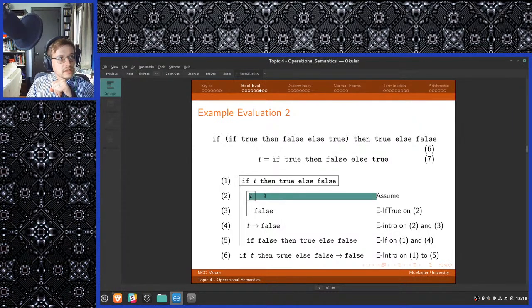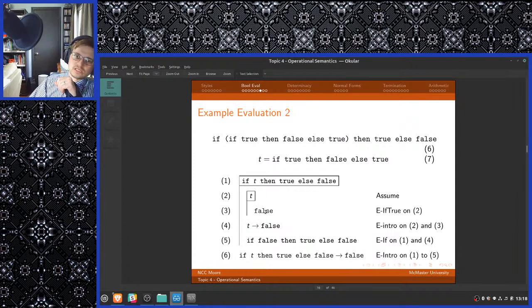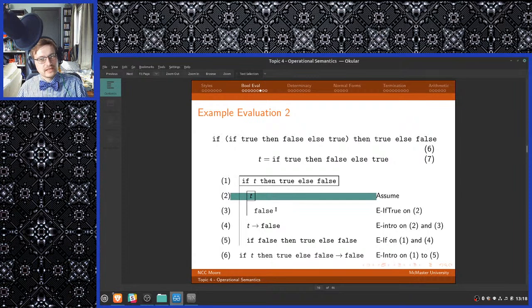So we assume T to be the case. We use rules on it to derive false. We can then conclude that T evaluates to false. It's like a sub machine, like you have a sub deduction going on inside of it. The point that I'm trying to make here is that this is like a side note to this larger proof, right? That's why I'm using the flag style, right?